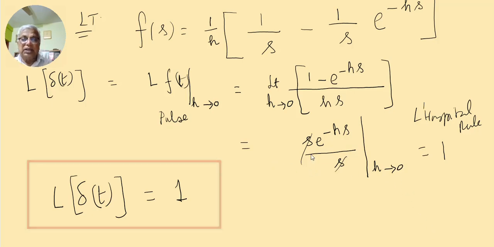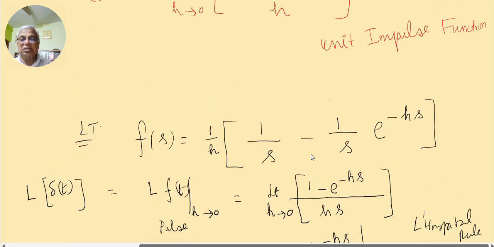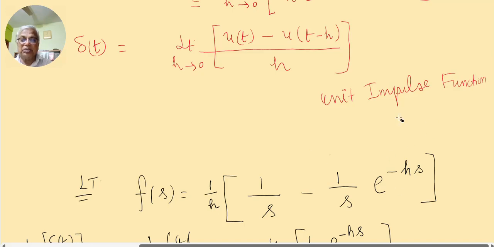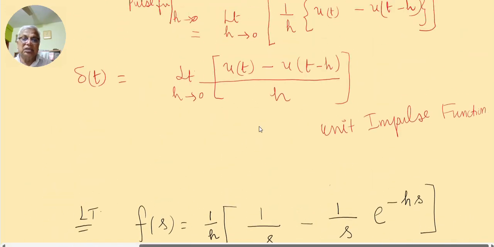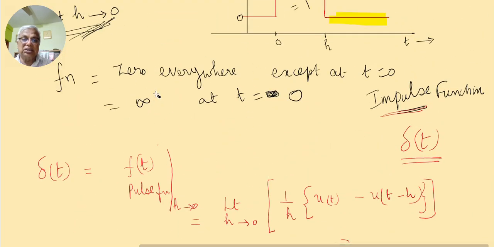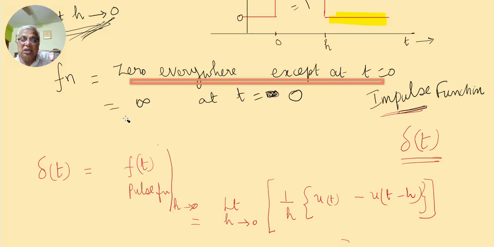Now let us visualize how this impulse function can be approximated or considered in practice. We said earlier that the impulse function is 0 everywhere except at t equal to 0, where it is infinity.